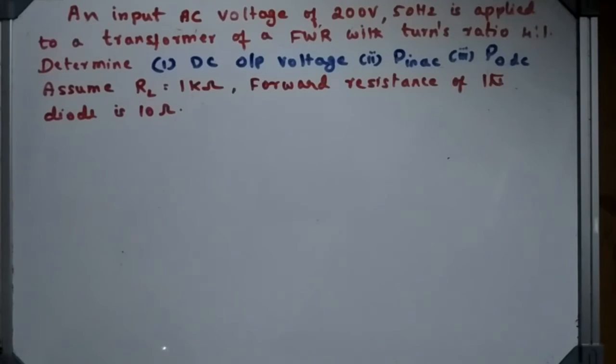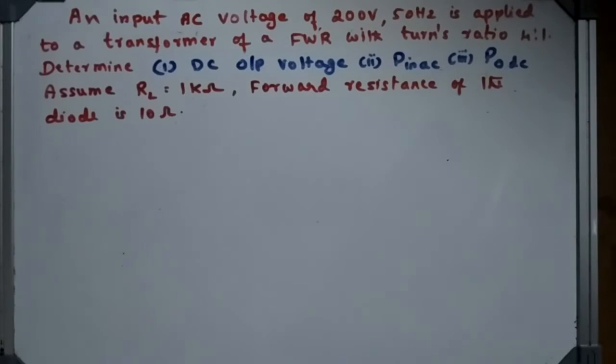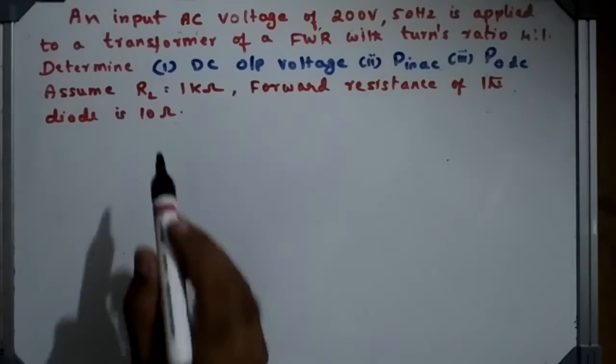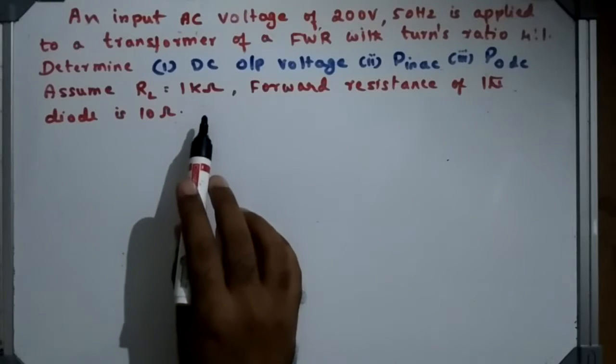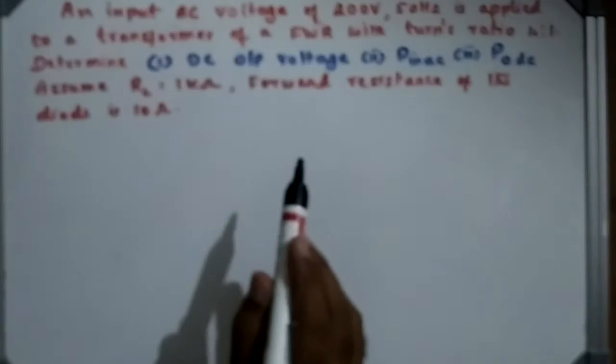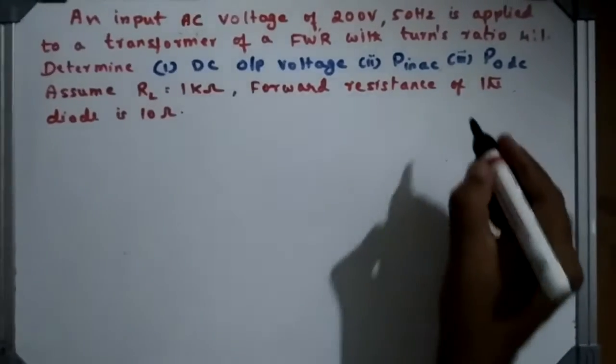An input AC voltage of 200 volt, 50 Hz is applied to a transformer of a full wave rectifier with the turns ratio of 4:1. Determine the DC output voltage, input AC power, output DC power. Assume RL is equal to 1 kilo ohm and forward resistance of the diode is 10 ohm.